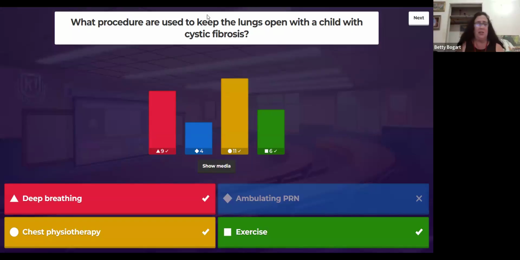No, there's no question. It's TID, BID, QID. It's not up for debate. They have to get up and move. And of course, exercise. And I will always promote swimming. Again, deep breath underwater gives good pressure in the lungs.